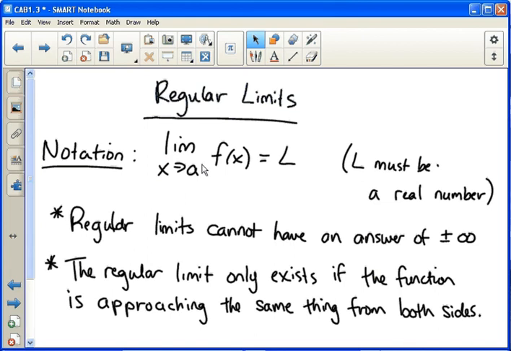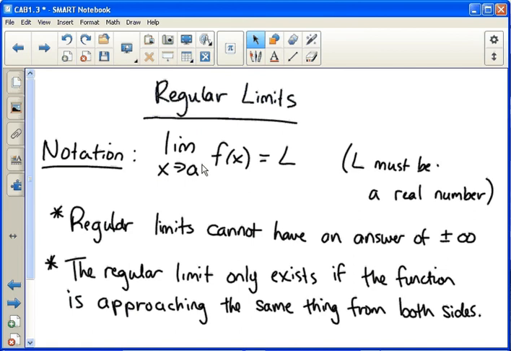It's okay with one-sided limits to have an answer of infinity or of negative infinity. We don't ever answer infinity or negative infinity with regular limits, however. So regular limits cannot have an answer of positive or negative infinity. That does not negate what we did earlier, though, with one-sided limits. One-sided limits can, regular limits cannot.